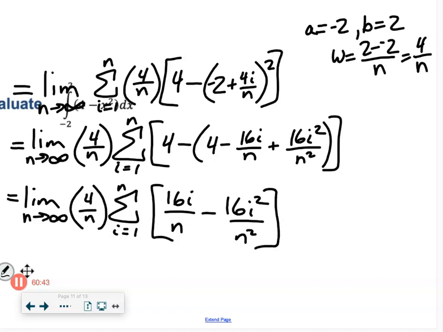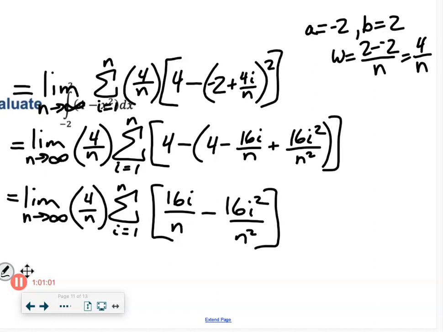Are we all at the same place? All you look stumped. Did you square the binomial correctly? No? Okay.